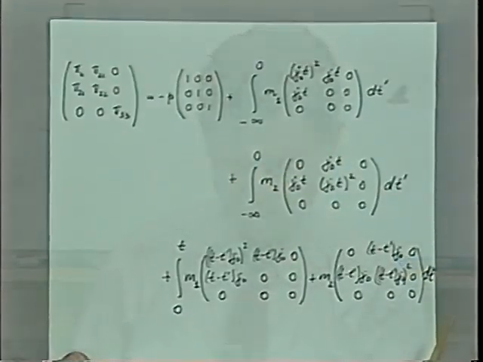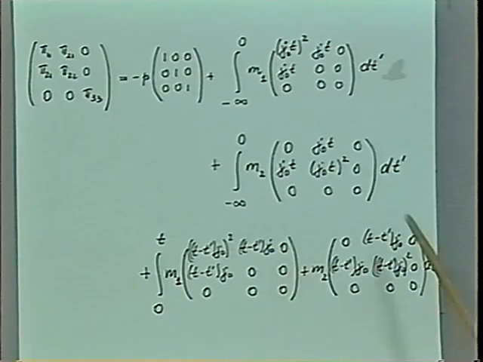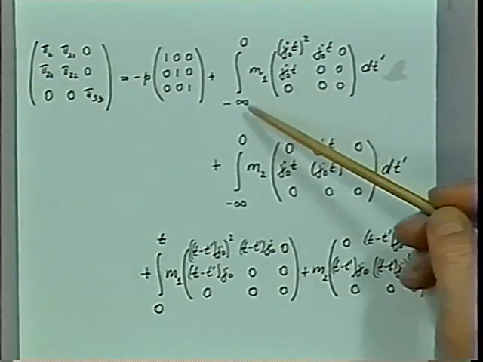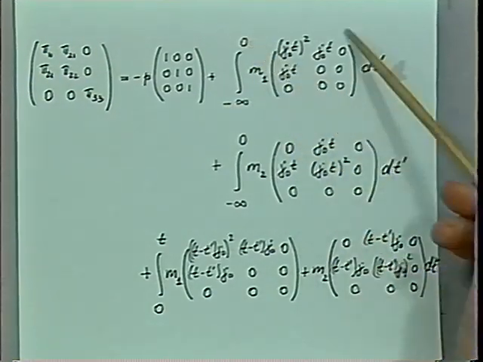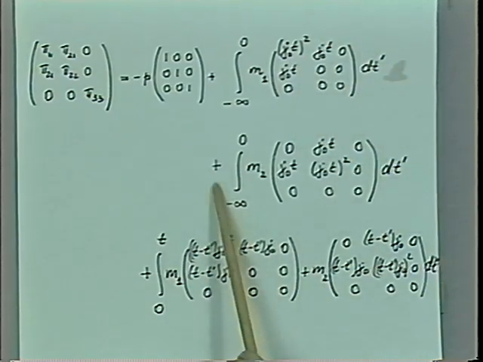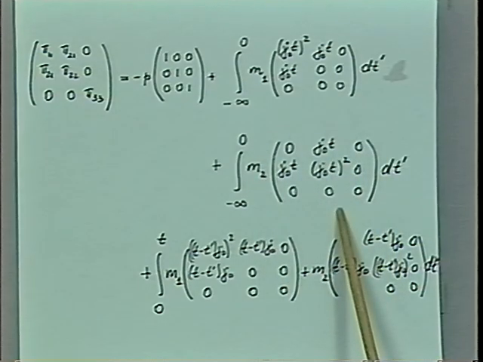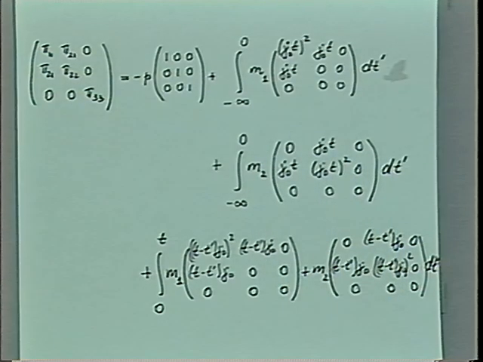I brought a sample of how to do that. I don't think I made a copy, but you can see the procedure immediately. Those are the stress components, isotropic contribution. This is the first part of the integral from -infinity to 0, having the finger strain tensor here, and then the contribution from -infinity to 0, having the Cauchy strain tensor contribution in here.